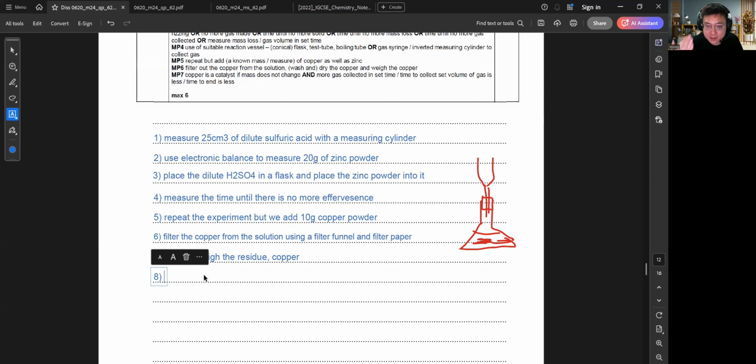And then for number 8, we measure the mass.